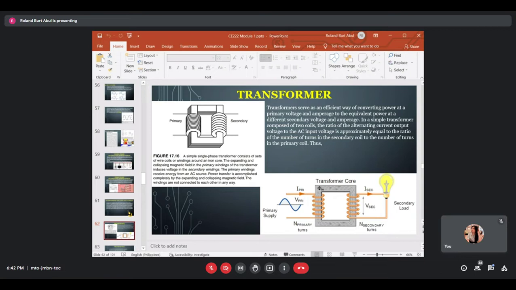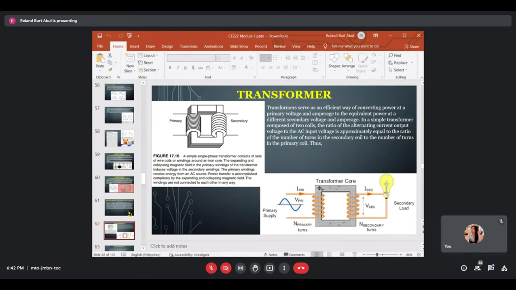So, naa tay device to transform the voltage and current. So, when we say transform, we either step up or increase ang voltage or step down or decrease the voltage. So, transformers serve as an efficient way of converting power at a primary voltage and amperage to the equivalent power at a different secondary voltage or amperage.